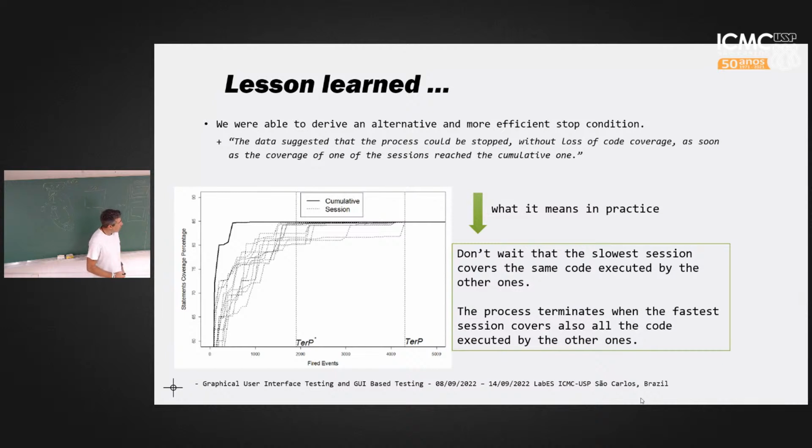Here, I have to wait until all the sessions cover the union, meaning they cover the reachable statements. Here, I stop when the first random session covers the union. By doing that, you are not sure that, if I go on, there could be something else.